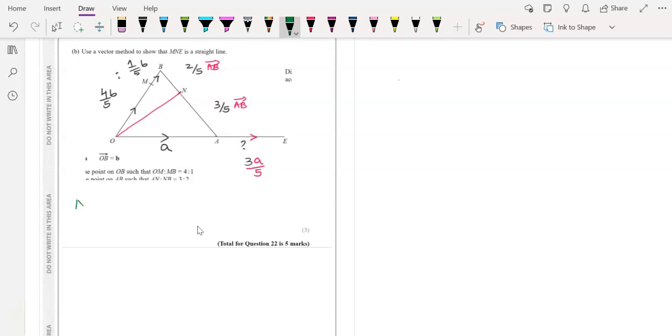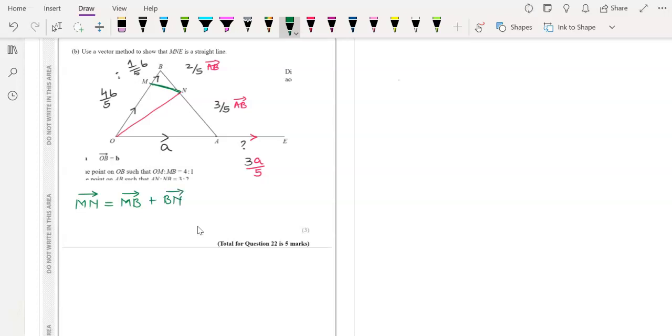So let's find vector MN. I want to go from M to N. So going from M to N, same as going from M to B and then B to N.